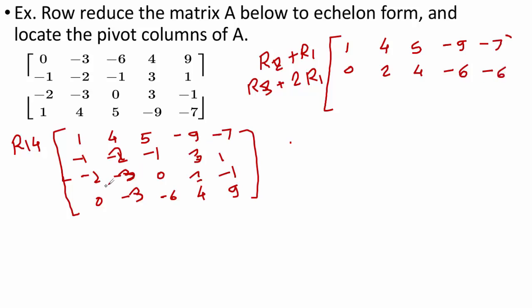For the third row, I shall add 2 times the first row. -2 plus 2, 0. -3 plus 8, that is 5, since 2 times 4 is 8. 0 plus 2 times 5, 10.